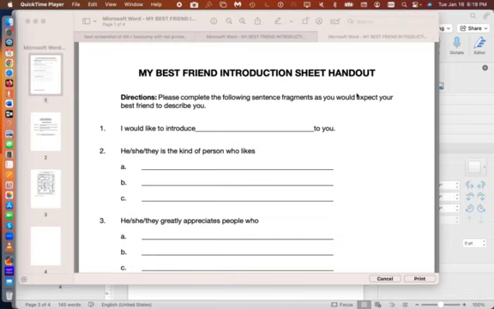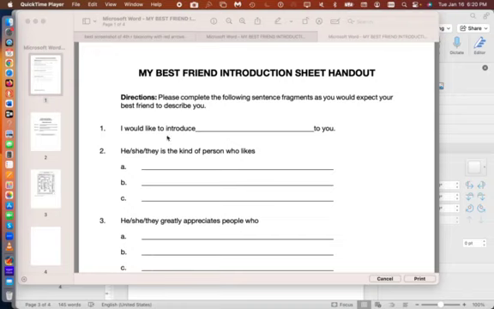And what they are basically doing is they are introducing to the members of the group statements about themselves. So My Best Friend Introduction Sheet is an opportunity to tell people about yourself by completing these sentences. So you're going to introduce them to what some sweet friend might say about you.